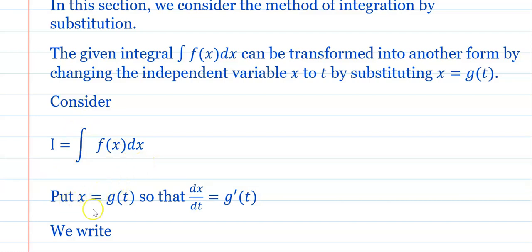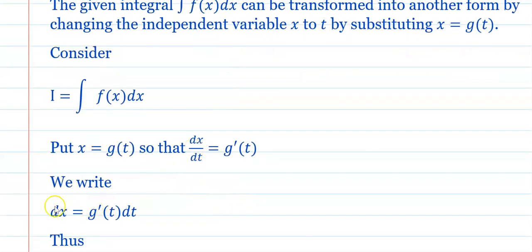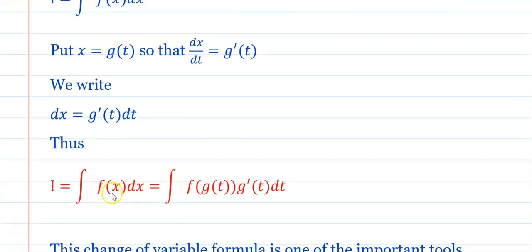Put x = g(t), so that if we differentiate this with respect to t, you will get dx/dt = g'(t). Then dx = g'(t) dt. Substitute the value of dx here, and substitute the value of x, which is g(t), and hence the integral is changed to the variable t in this way.